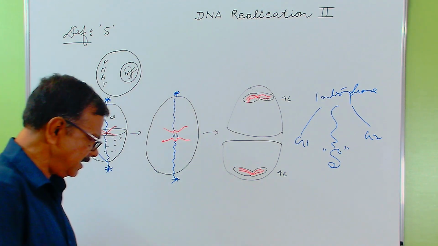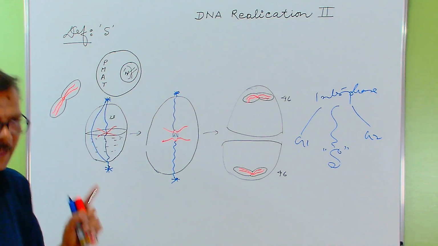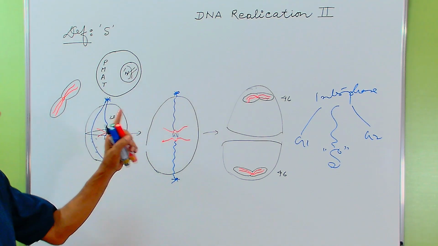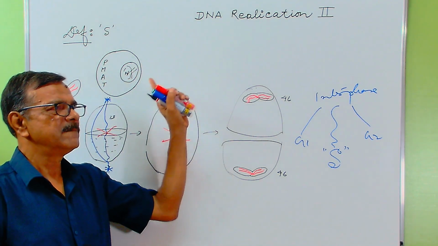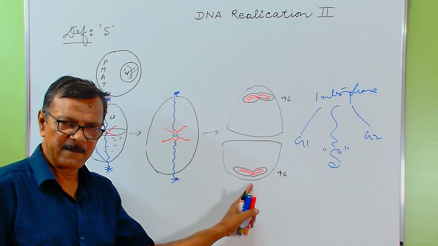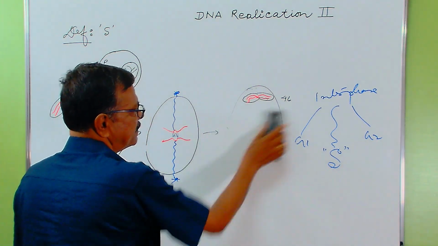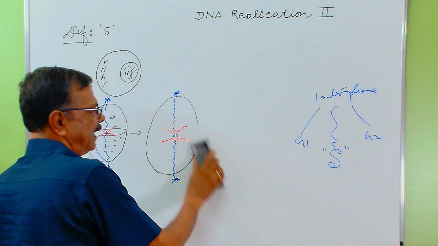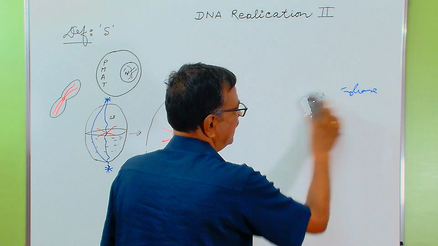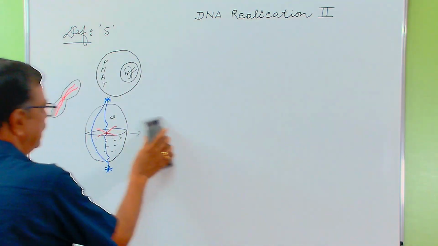So DNA synthesis occurs in the cell cycle. In the cell cycle, the cell makes copies of its DNA and transmits its hereditary material.